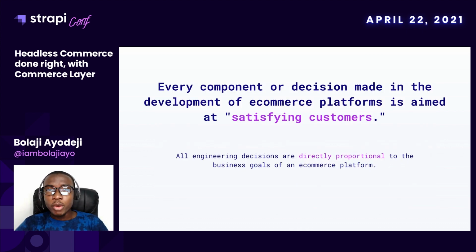Now, every component or decision made in the development of e-commerce platforms is aimed at satisfying customers. And this is why every engineering decision you make is directly proportional to the business goal of your e-commerce platform. And this is one thing most e-commerce businesses today miss.